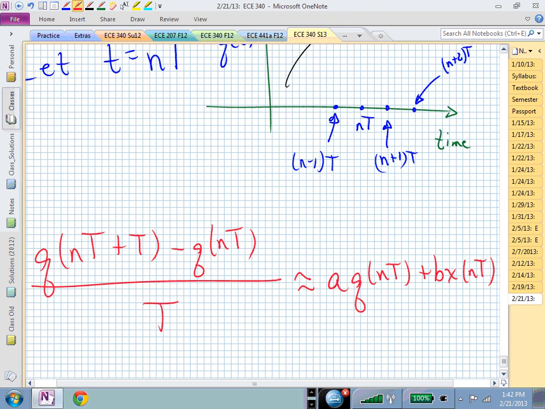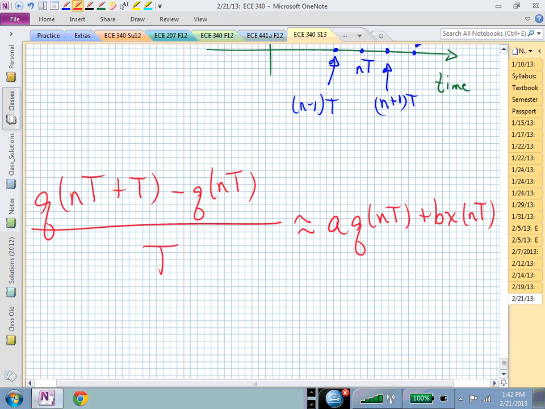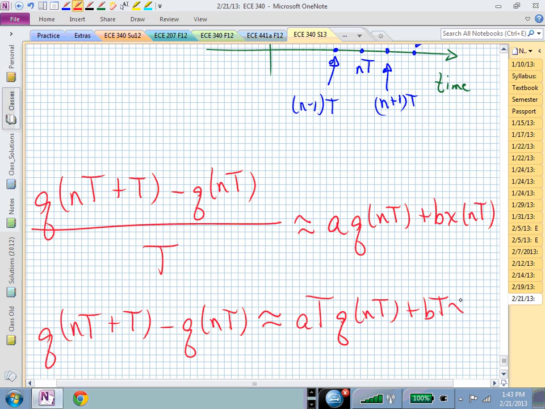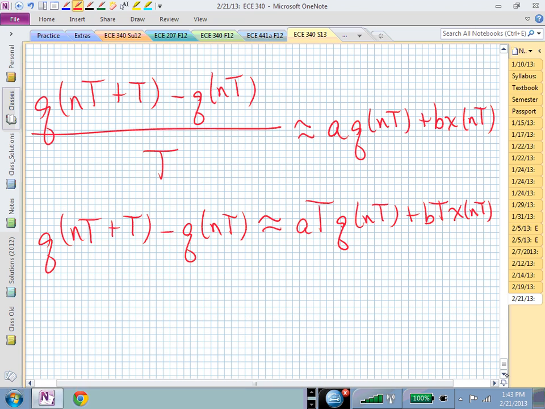And now I can clean this up by simply multiplying everything by capital T. So that now I have q of little n cap T plus T minus q of little n cap T is approximately AT q of nT plus BT x of nT.